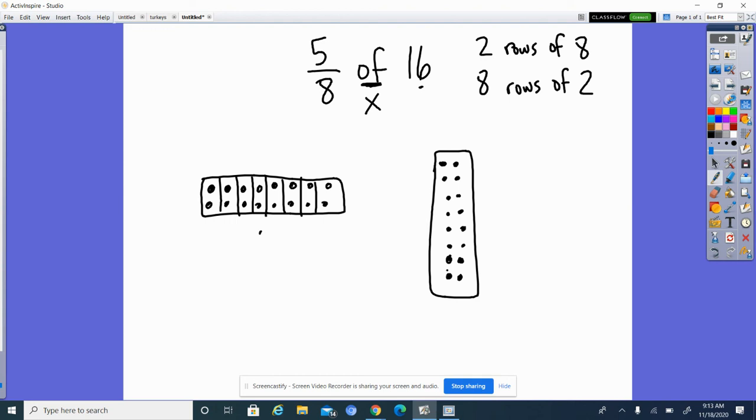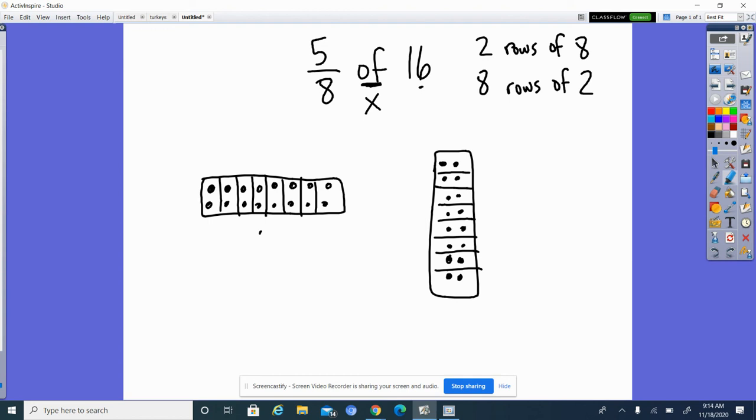Those of you that did it this way, how are you going to make it 8s? Go across. Good. Okay, so now we've taken our 16 and we've cut it into equal pieces of 8s.